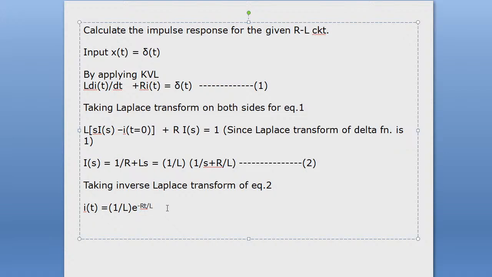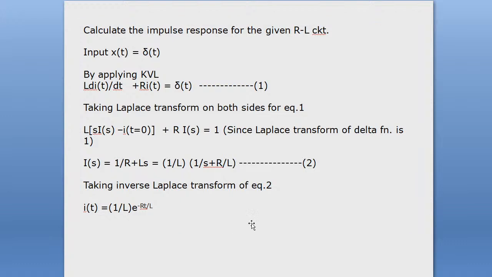And you can write u(t) here, but u(t) is 1, no problem. This expression is correct. So therefore, the impulse response for a series RL circuit is i(t) equal to 1 by L e to the power minus R by L t. You just remember this.